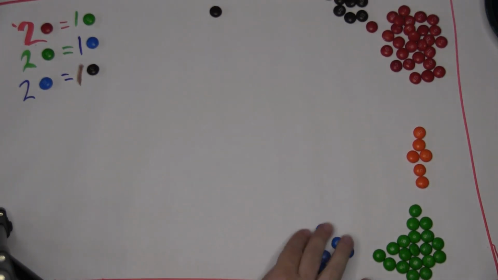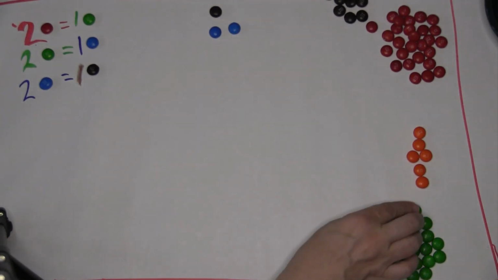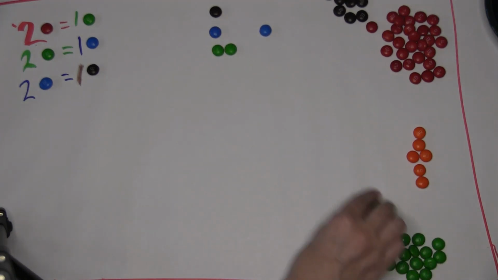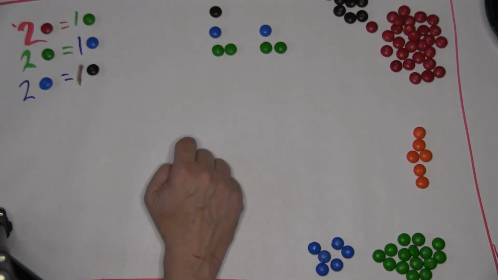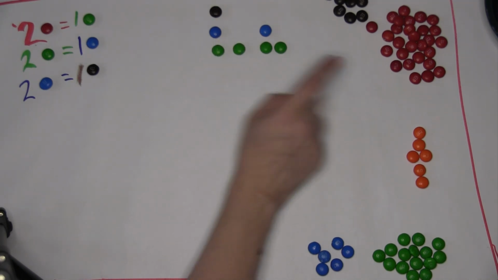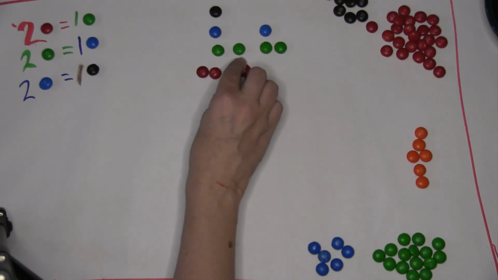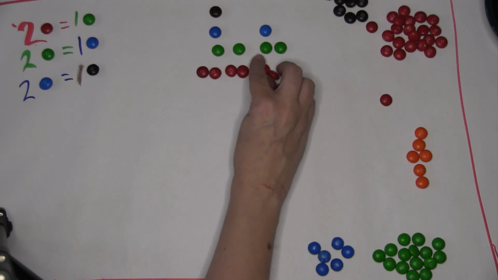So let's think about this hierarchy of length, how long an M&M could take. The brown is the longest. It takes the space of 2 blue M&Ms. Each blue is 2 greens, so now the brown M&M takes up the space of 4 greens. 2 blues, 4 greens.